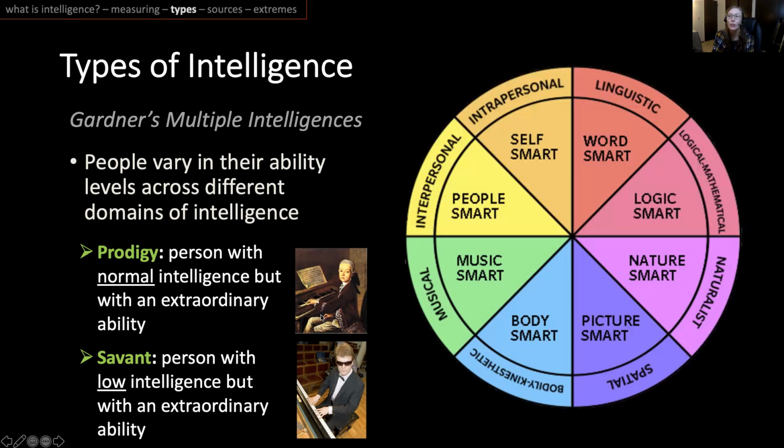They have an extraordinary musical ability. They're otherwise pretty normal, but they're a prodigy for music. The opposite of that, though, is the savant. A savant is someone who has lower intelligence, but is really good at something. So these are 2 different extra descriptors that we could use to define people's intelligence levels.